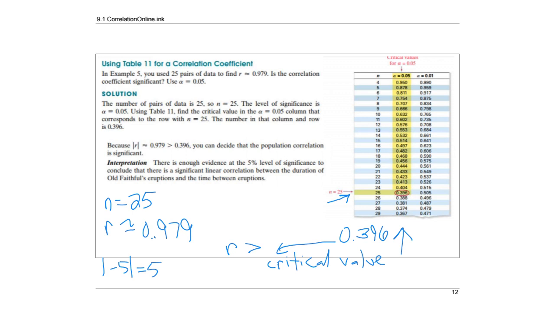Absolute value is distance, so it would always change it to positive. So I'm checking my R versus my critical value for a 5% significance level. Since R is greater than the critical value, I'm going to say that the population correlation is significant. Therefore, I can say with a 5% level of significance that this strong linear correlation is good.